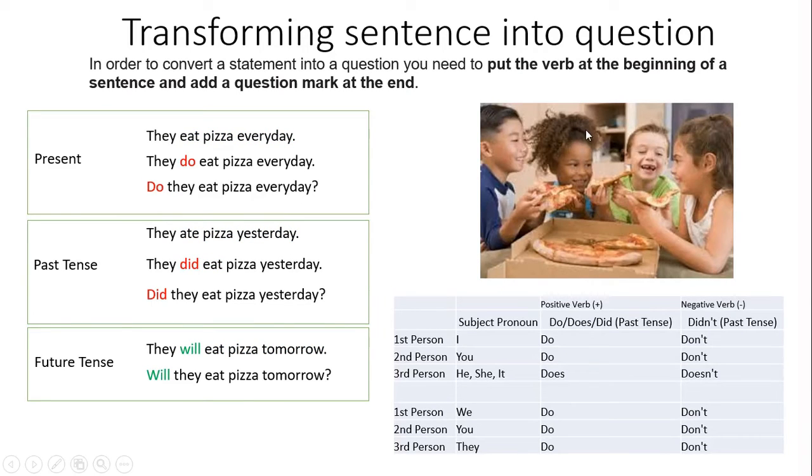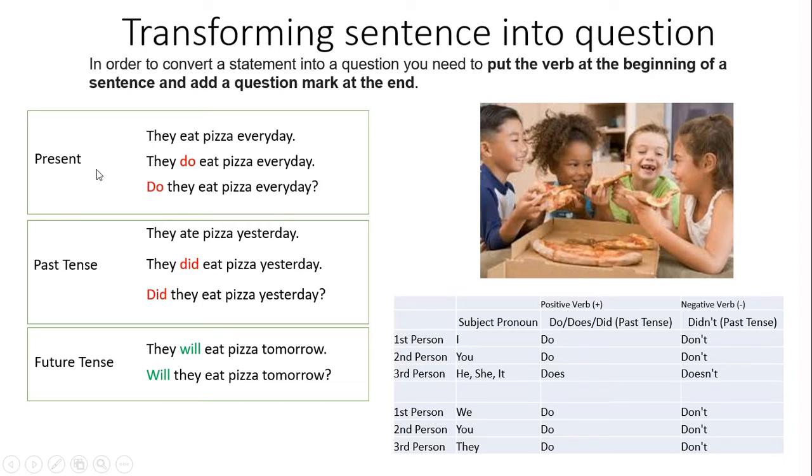So let's have another picture. On this picture, you can see four children who enjoy eating pizza. So this is no longer a singular subject. These are now a plural because we have one, two, three, four children in the picture. So let's go.